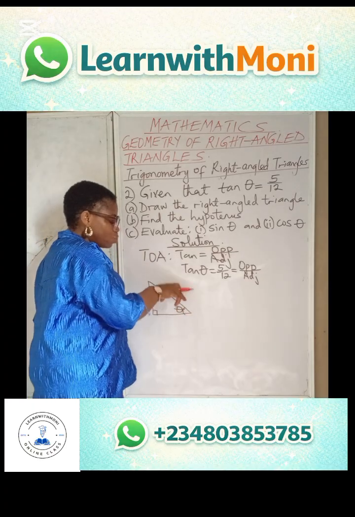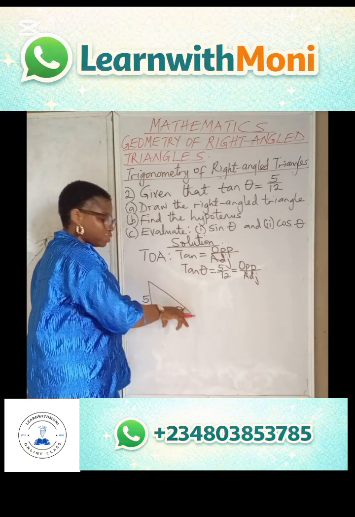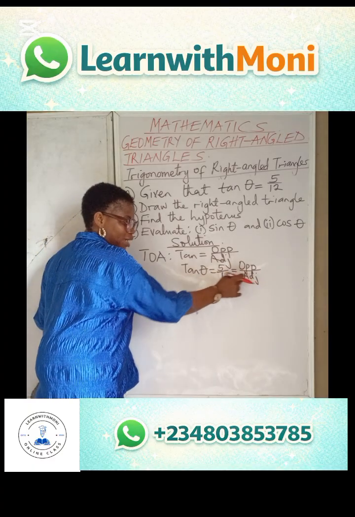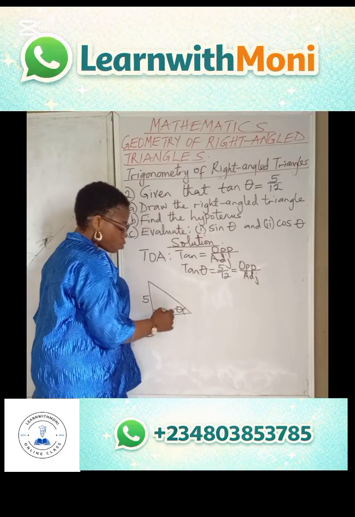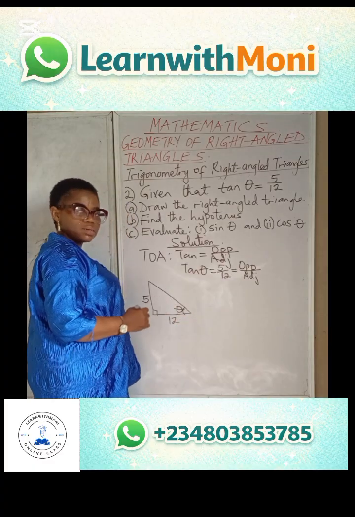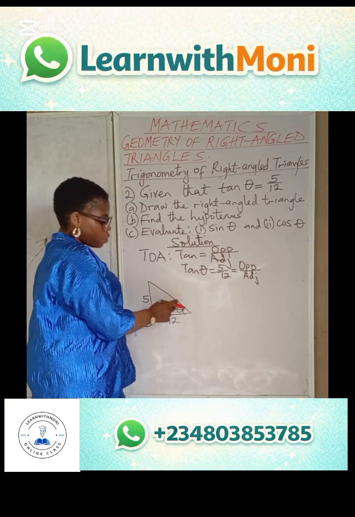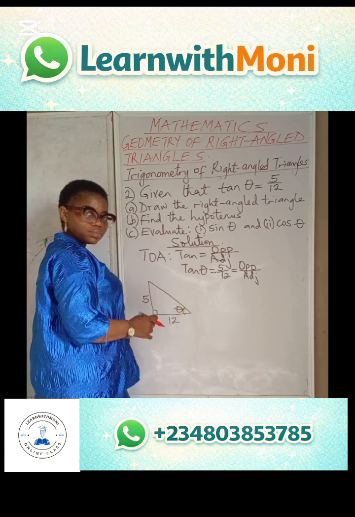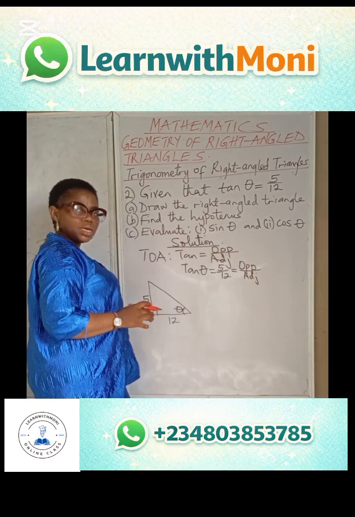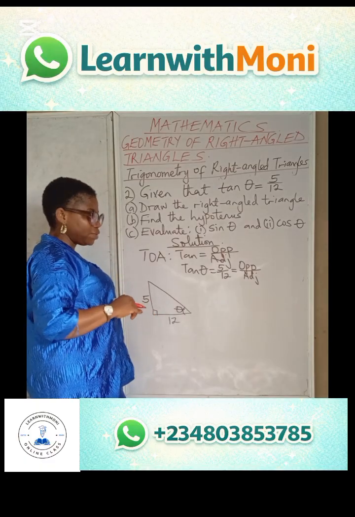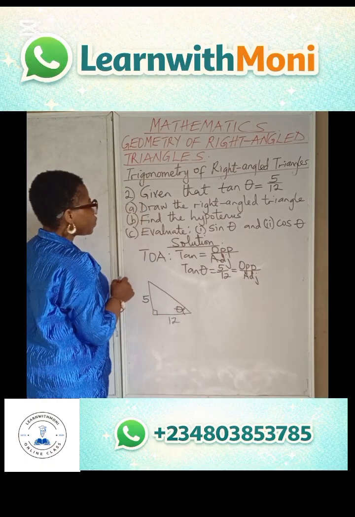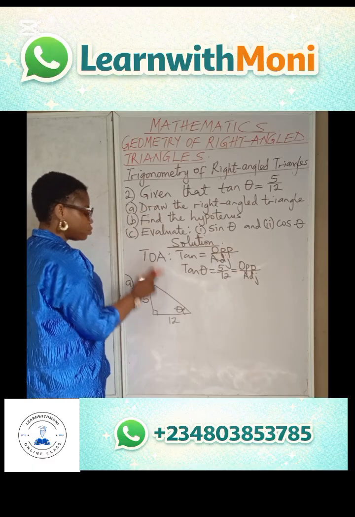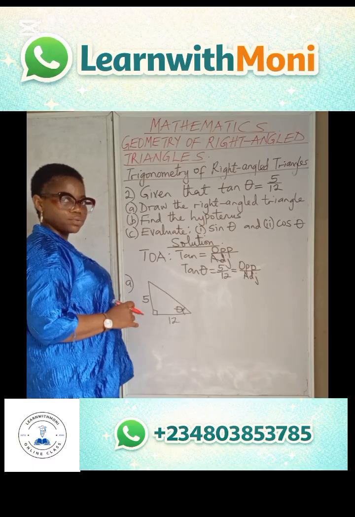This is the side on which angle theta appears to be sitting, and that is my adjacent. And from here, adjacent is equal to 12. That is 5/12. Tan theta is opposite over adjacent. I don't have any information about the hypotenuse, so I am leaving it empty. So the first question that is asking me to draw the right-angled triangle is settled. This is the right-angled triangle.